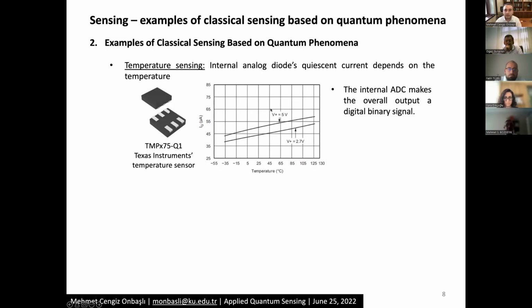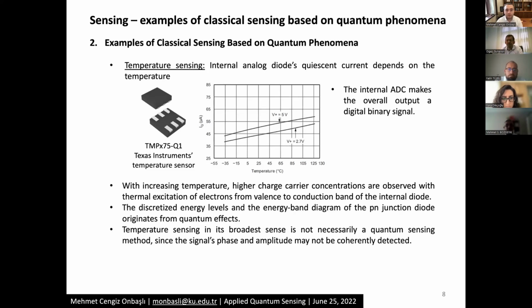So the key idea here is we want to understand how this calibration curve actually behaves as a function of temperature. That's why we look into a systematic study of initial temperature and current readout. We set the temperature again and read out the current, and we essentially observe a higher charge carrier concentration at higher thermal excitation or higher temperatures.